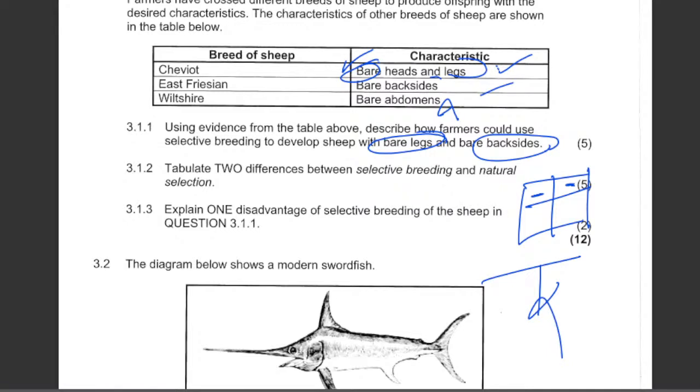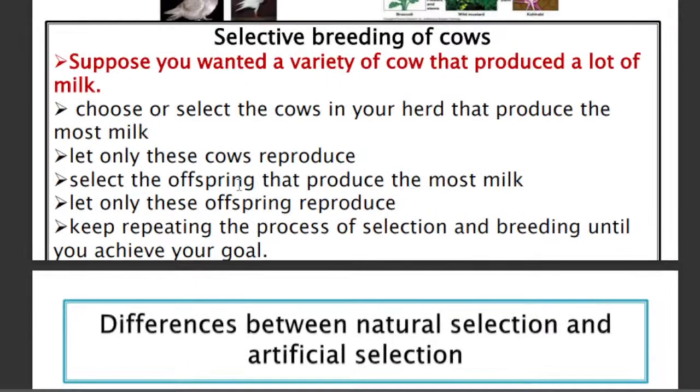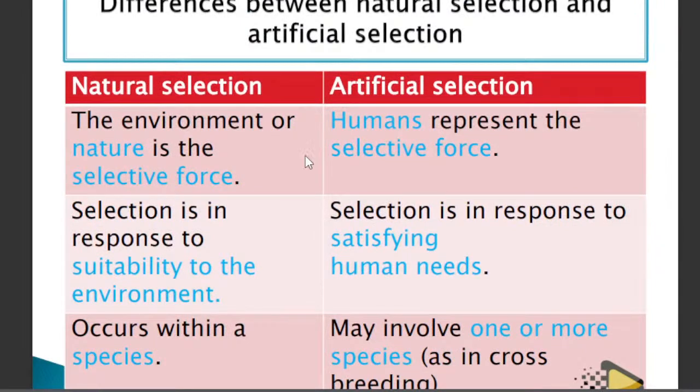So tabulate the difference between selective breeding and natural selection. Natural selection occurs naturally, so nature will select. Here it is human needs. Yes, then basically it's like artificial selection versus natural selection. The environment will do the selecting.